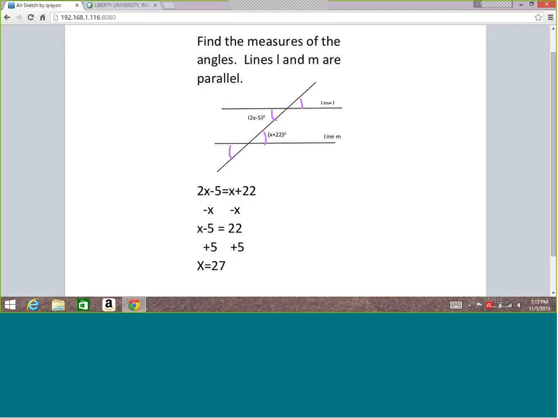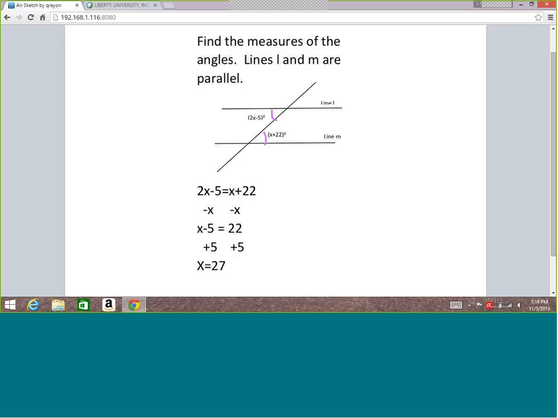They're just asking us to find the 2 that have the markings on them with the 2x minus 5 and the x plus 22. So because they're equal to each other, and in order to find the measures of those angles, I need to find x. So just like in the last problem, when we need to find x, we write an equation, solve the equation to get x so that we can answer the question about the angles.